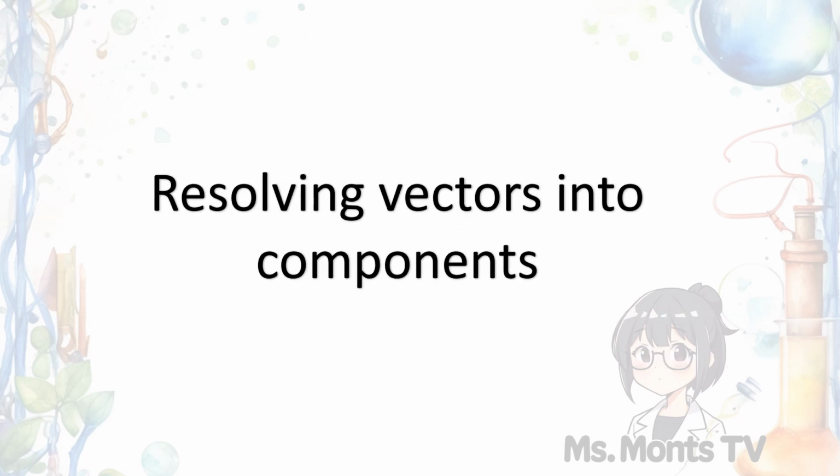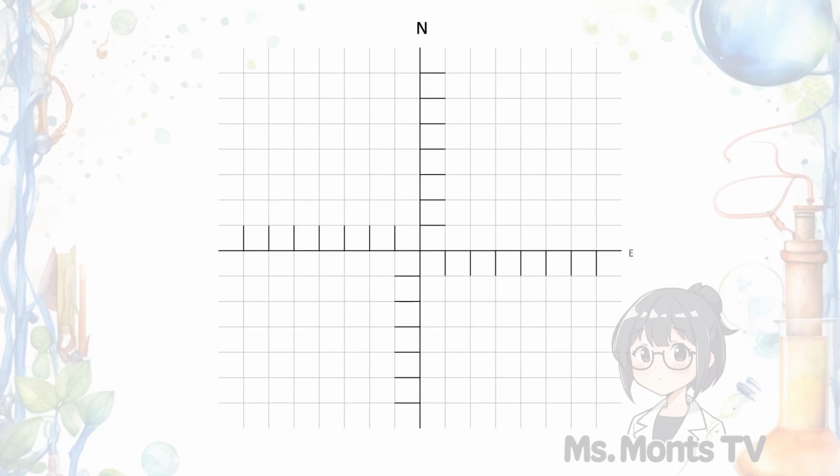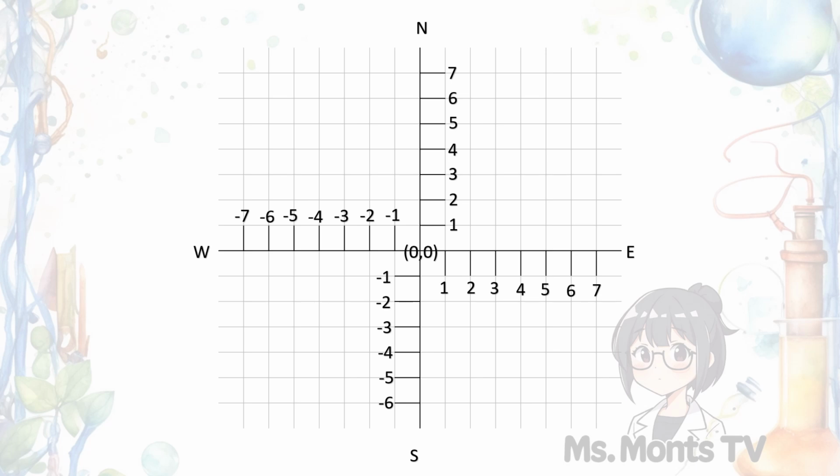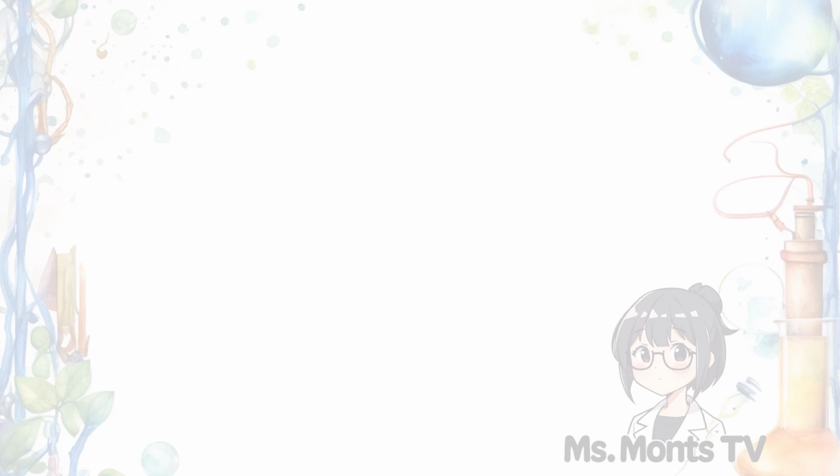First, we have to know how to resolve a vector into its components. Each vector has two components, x and y, so we need a Cartesian plane. For example, 5 kilometers north.